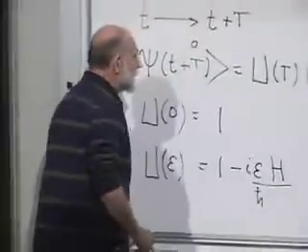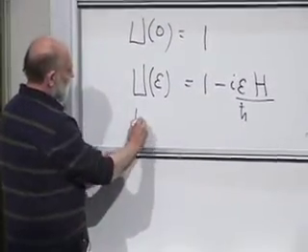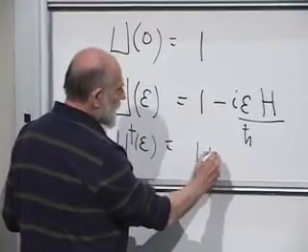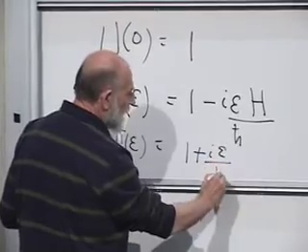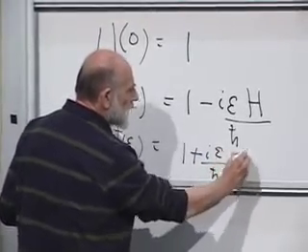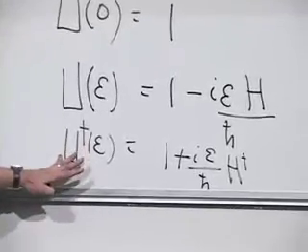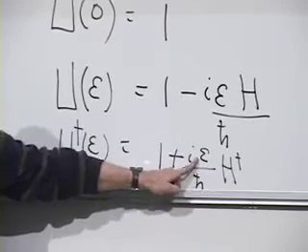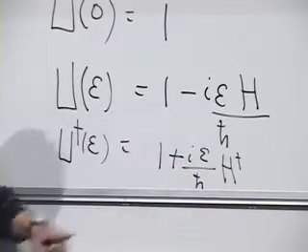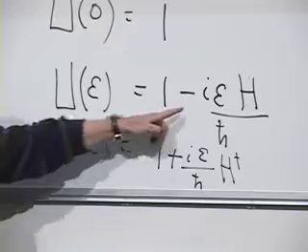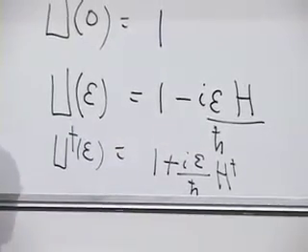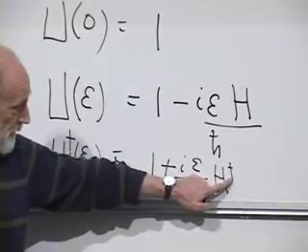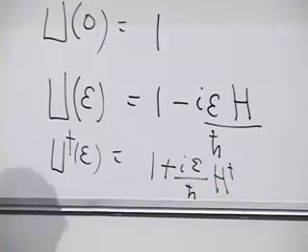U dagger is equal to 1 plus i epsilon over h bar times the Hermitian conjugate of H. When you Hermitian conjugate something, you have to complex conjugate all the coefficients. i epsilon becomes minus i epsilon, minus i epsilon becomes i epsilon. And when you Hermitian conjugate, you have to Hermitian conjugate the operators. All right, so this is the formula for U dagger.